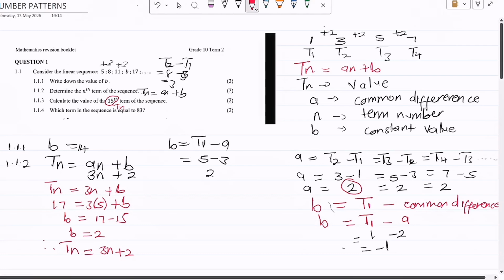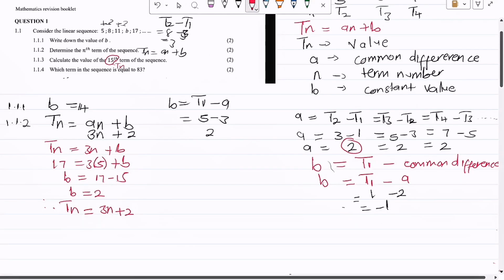Let's see if we have space. Okay. 1.1.3. We're just going to say Tn. We take this Tn here. Tn is equal to 3n plus 2. Then we substitute. We're looking for Tn.